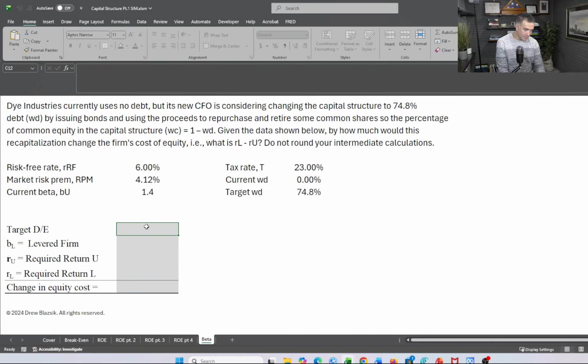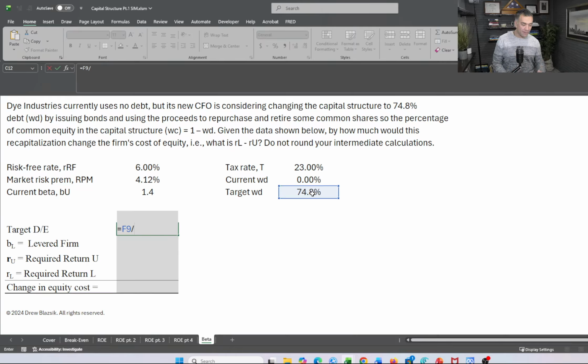And we're trying to find the new capital structure. So what we're going to do here is I'm going to go equals. This is the target debt. So I'm going to use a percentage. I want you to think about this as a percentage. If I take the percentage of debt, what I need to do is divide it by the percentage of equity. Well, if you know the percentage of debt, we know the percentage of equity.